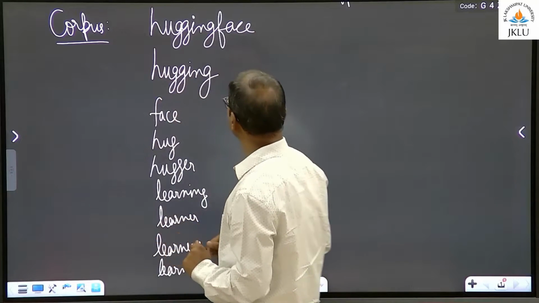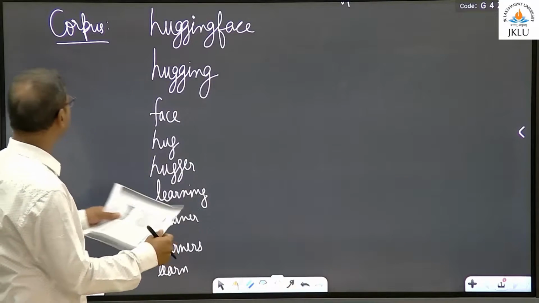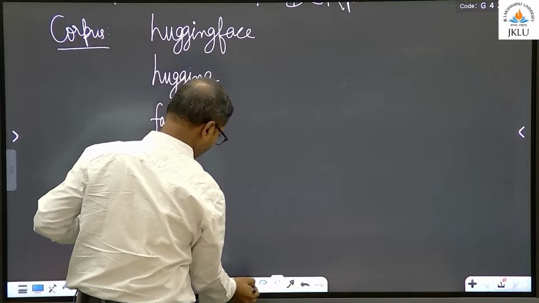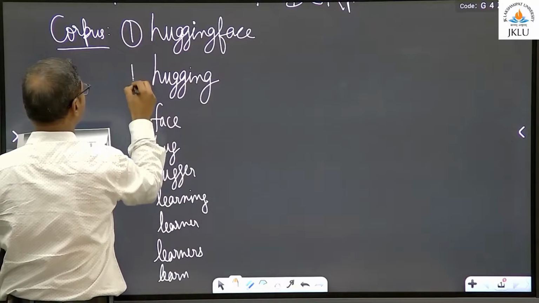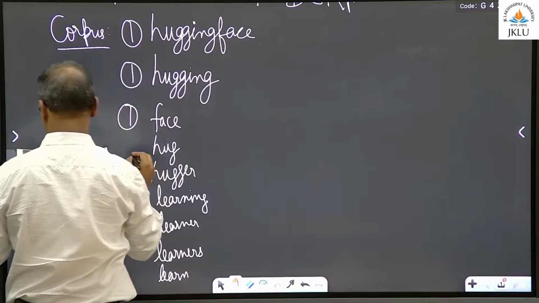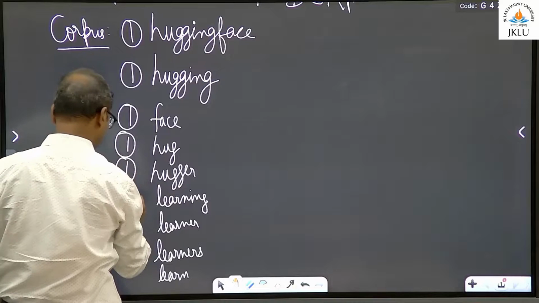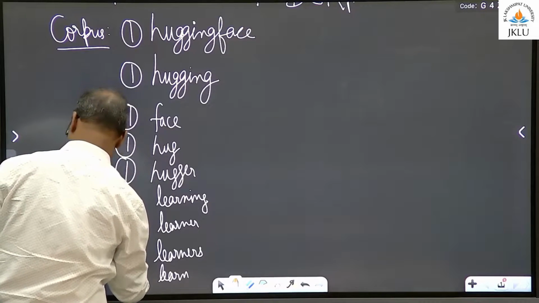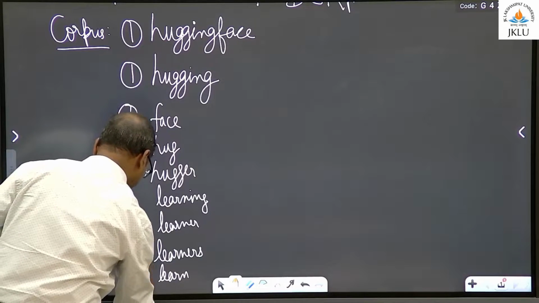Now we are also saying that Hugging Face appears once in my corpus, Hugging appears once, Face appears once, Hug appears once, Hugger appears once, Learning appears two times, Learner appears two times, Learners appears two times, and Learn appears one time.